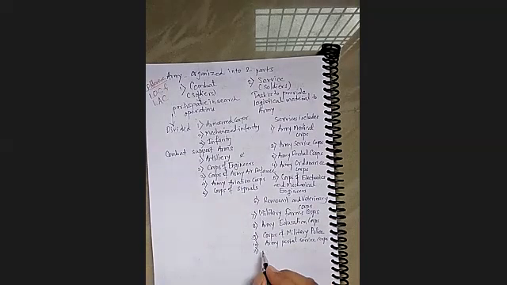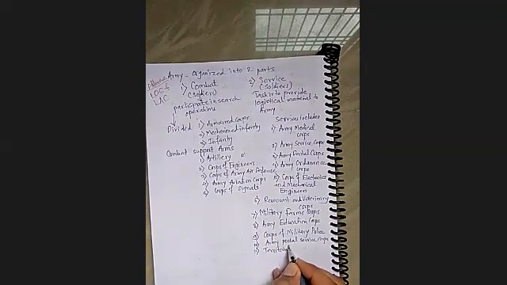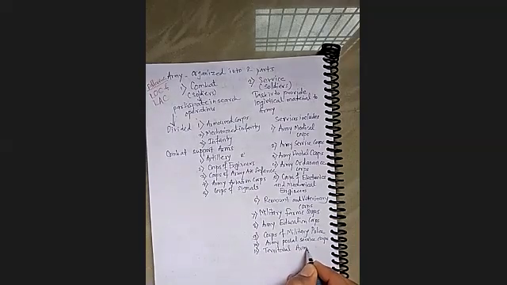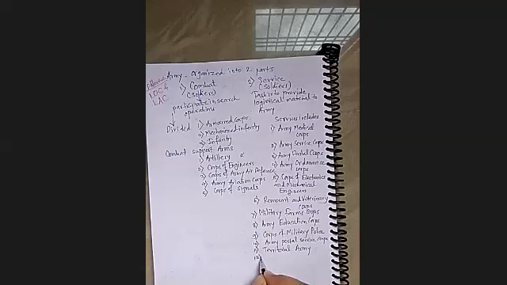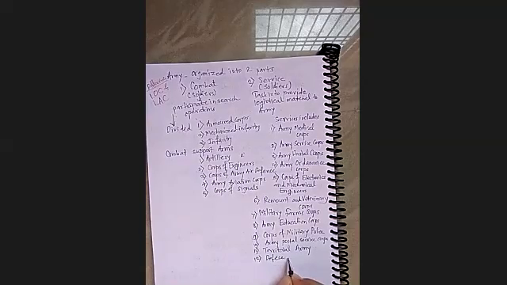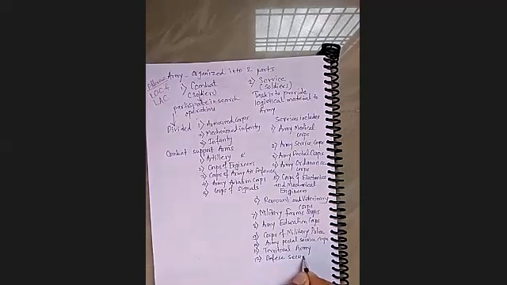Then apart from this, I think I also have the Territorial Army. It is related to the army, though territorial. So it is again a special division called the Territorial Army Corps. Then there is the Defense Security Corps.